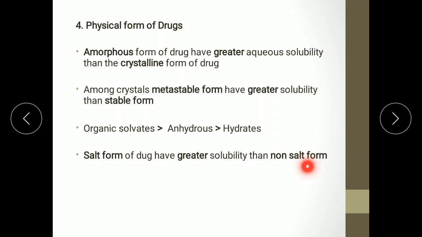This is about the physical form of drugs. Now, up to these four points, all this comes under solute related parameters which influence the solubility of drugs.